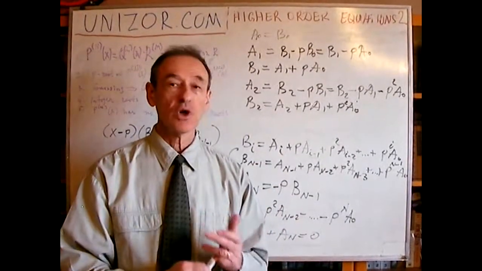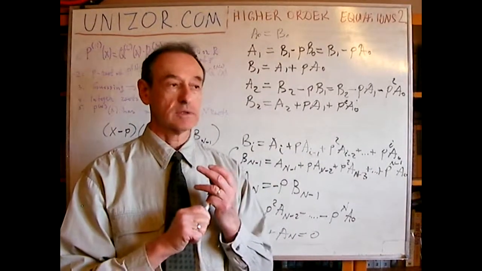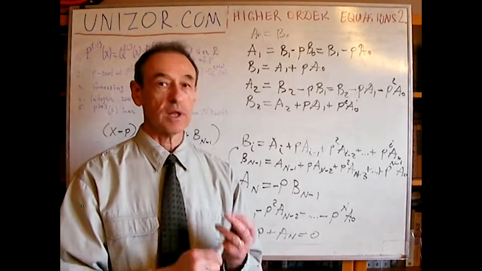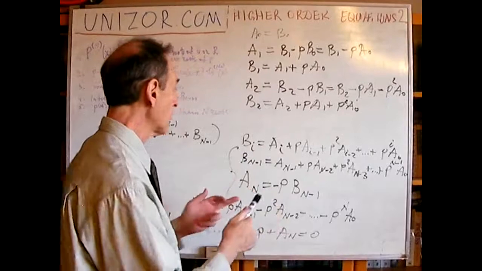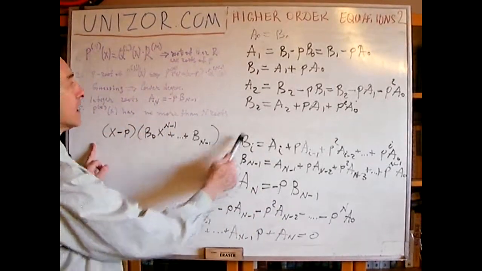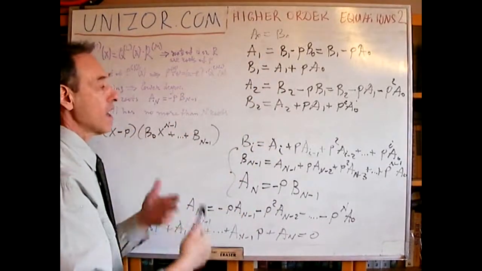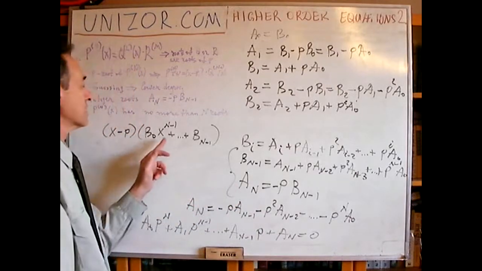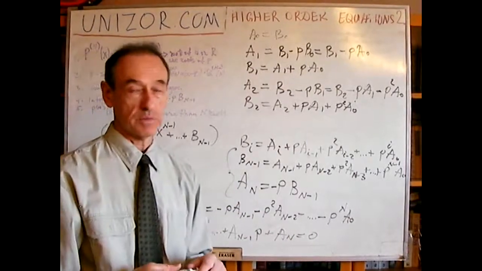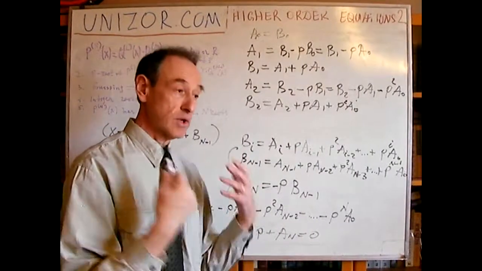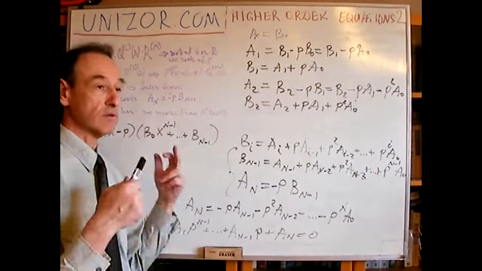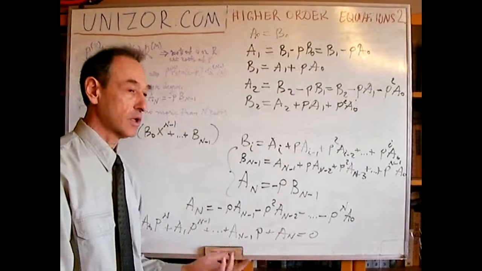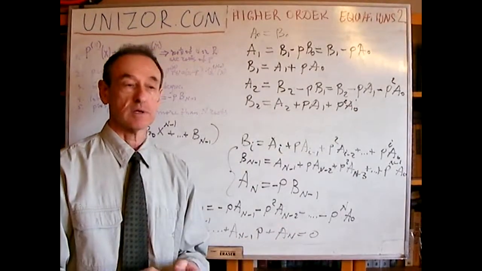Again, if you know somehow that x equals p is a solution of the original polynomial equation, then the original polynomial can be represented in this way, and this is how you derive the coefficients b0, b1, etc. up to bn minus 1. You get the second equation to be solved, which is of lower degree, and that makes your life easier.